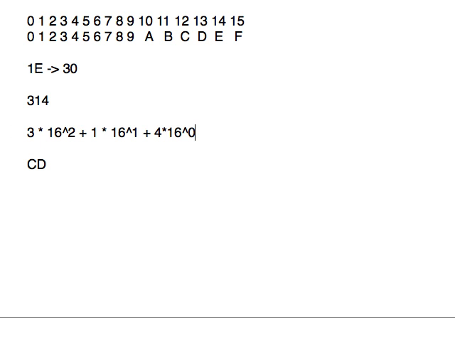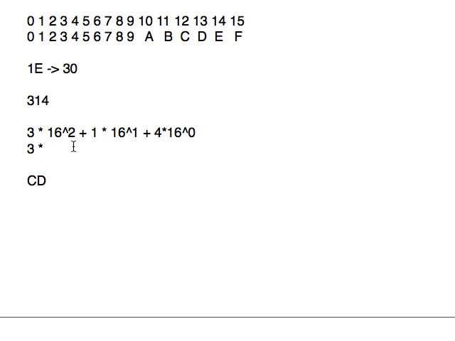In this case, we don't have any letters, so the numbers translate directly from hexadecimal to decimal. 3 is 3, 1 is 1, and 4 is 4. So now we just need to figure out what these powers of 16 are. 3 times 16 to the 2, so 16 times 16 would be 256.